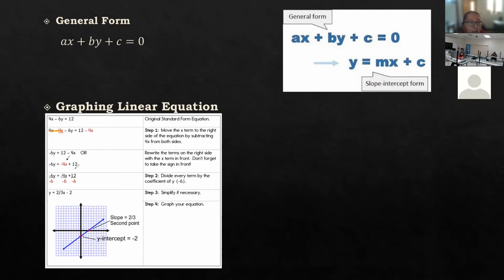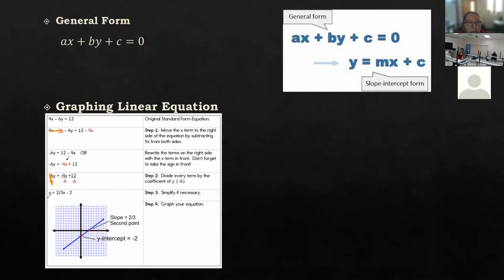The next thing they did was divide by the coefficient, which is negative 6, because they're trying to isolate the y. So they divided by negative 6, negative 6, negative 6. Since negative 6y is a multiplication of a variable and a number, to separate that, they have to divide. That is another sort of elimination.